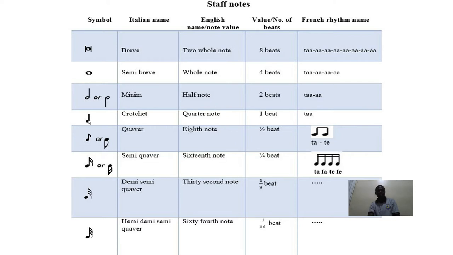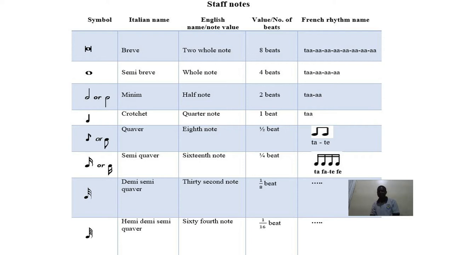Then next we have a crotchet. A crotchet is a quarter note. 4 crotchets will fit into a whole note. That's how it gets the name a quarter note, because how many of these notes do you need to make a whole note? You need 4 of them. So it's a quarter note. It's 1 beat long. Ta.